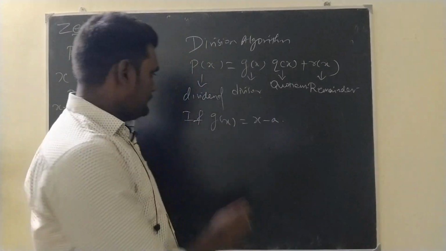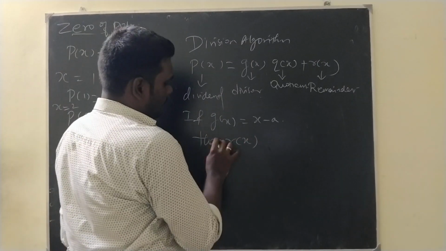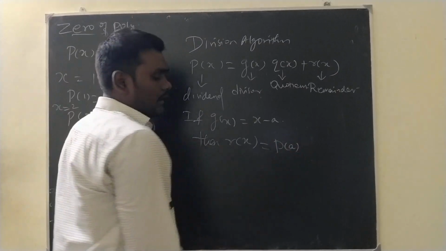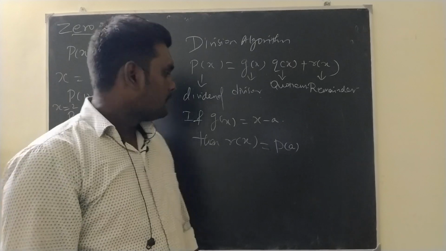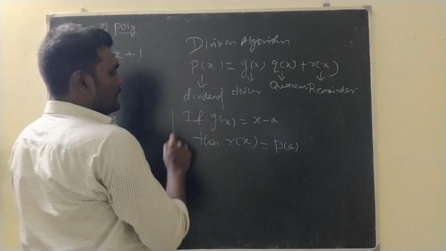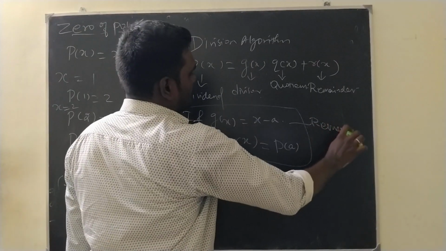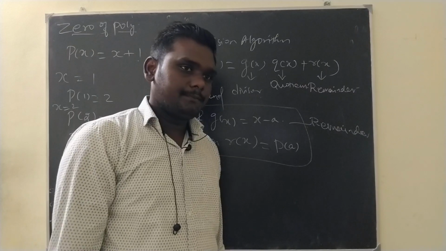Then the remainder is p of a. That is it. Likewise, this is what is called the remainder theorem. What theorem? We previously talked about this earlier, right?